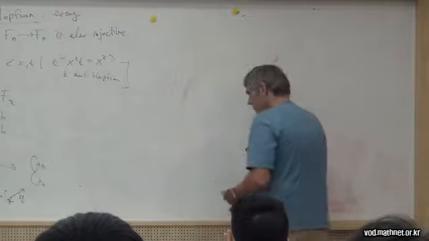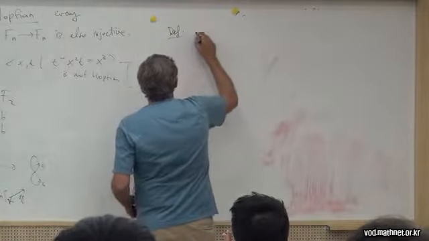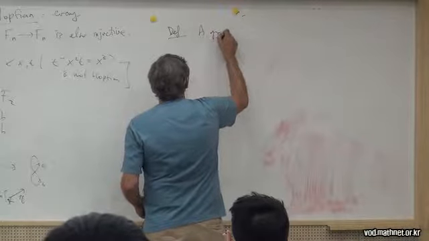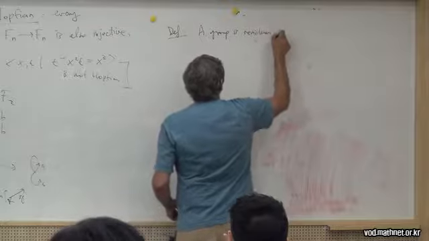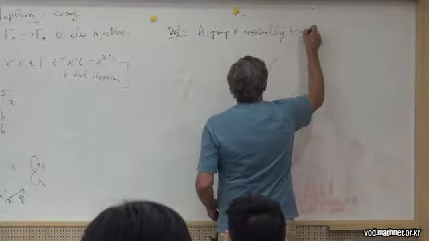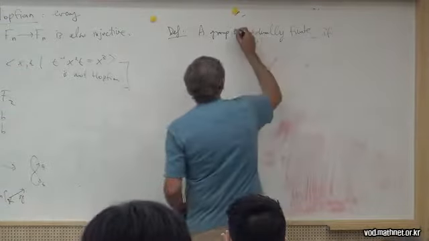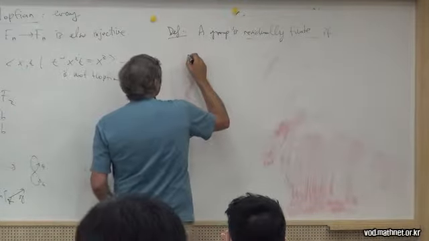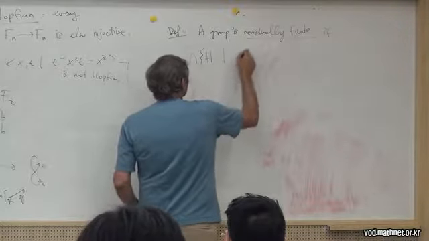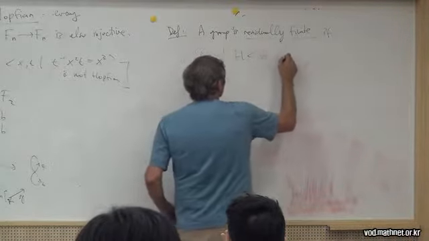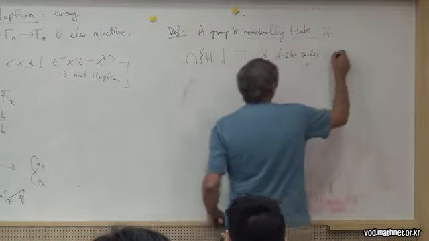Okay, so a group G is residually finite if the intersection of H, so that H in G has finite index, is 1.